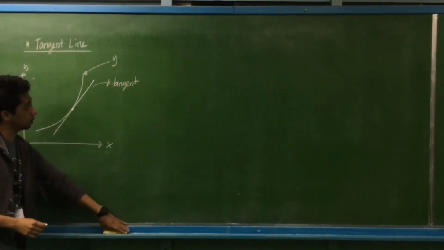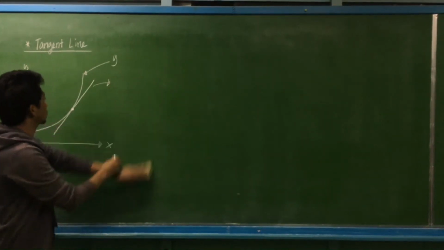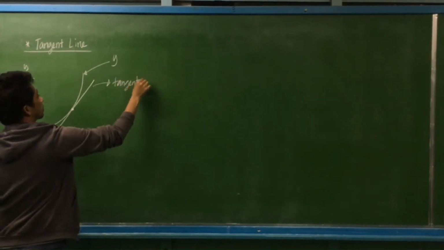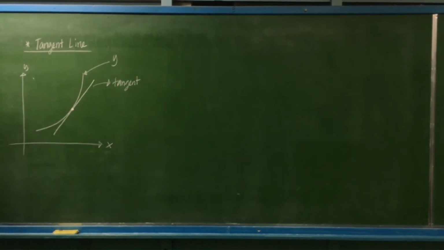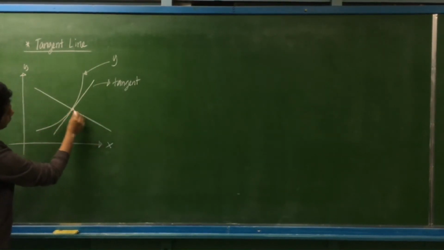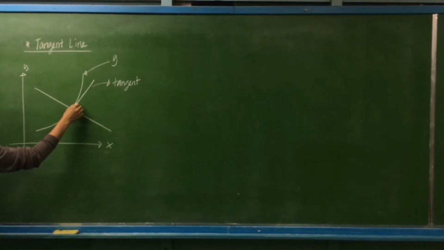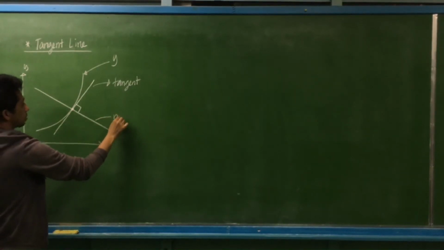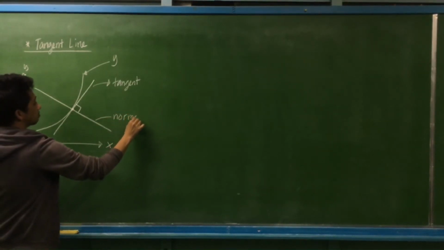If we are to draw a perpendicular line to that tangent, it will intersect the tangent line at 90 degrees. This is called the normal line.